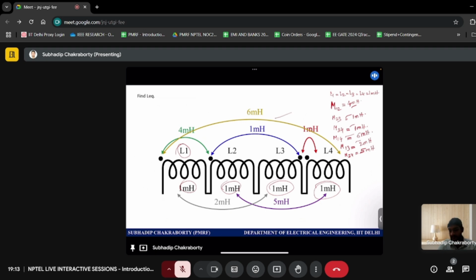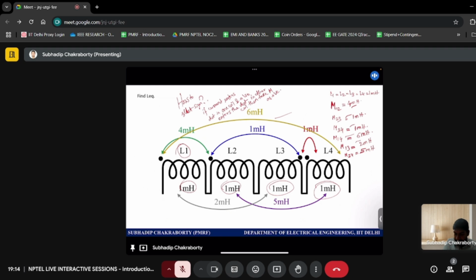Now, how to select the sign? I told you, if current enters the dot in one coil and also enters the dot in the other coil, then take M as positive.